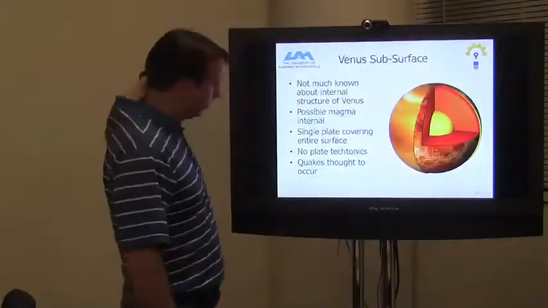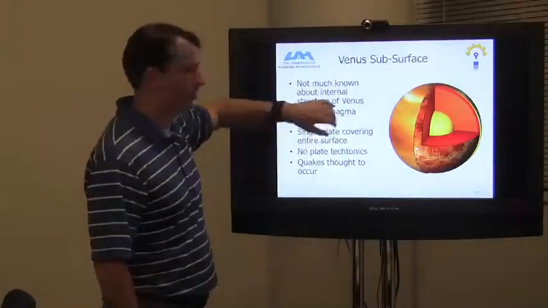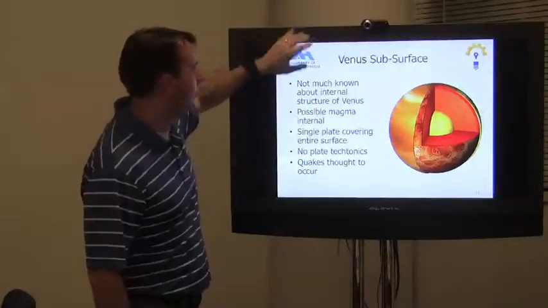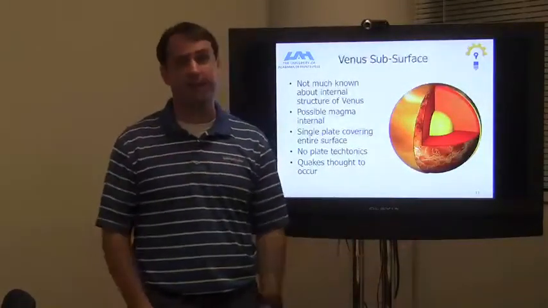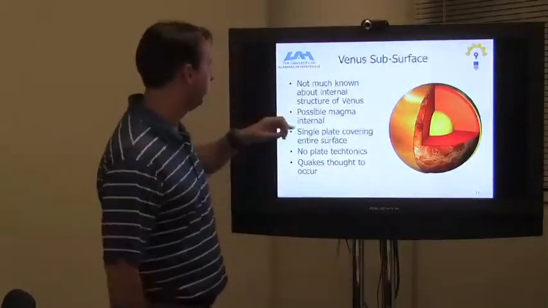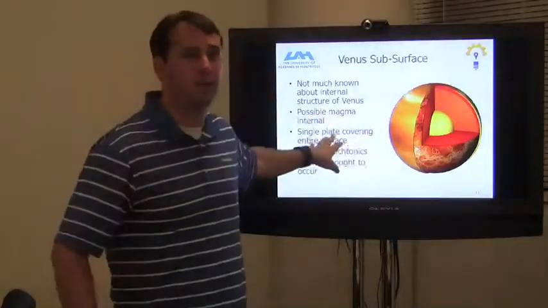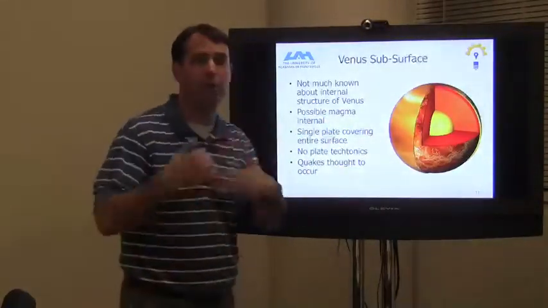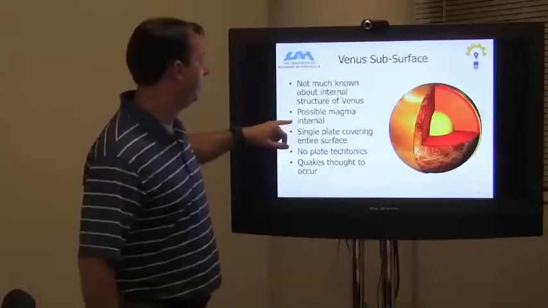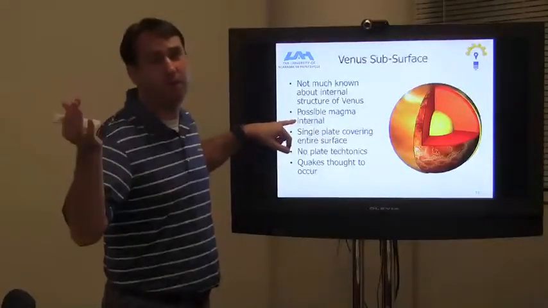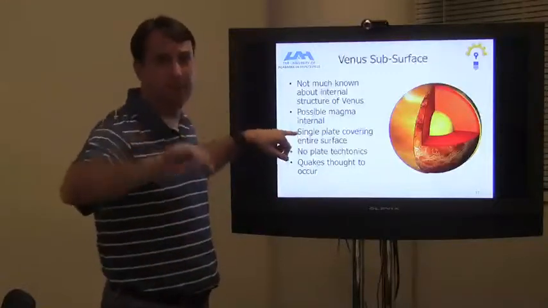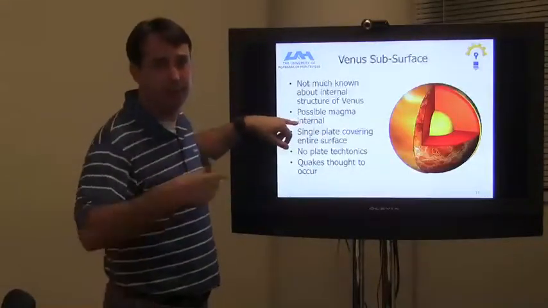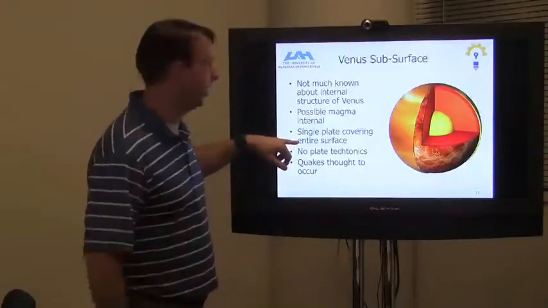So Venus' subsurface, gosh, I'm already taking a half hour, sorry. We don't know much about Venus' subsurface at all. We've got some guesses, but that's about it. I'll talk later about how you determine what the subsurface is. But basically, they think it's magma down below, they don't know. Because of the resurfacing event, they think that there's magma down below, like a liquid core like Earth.